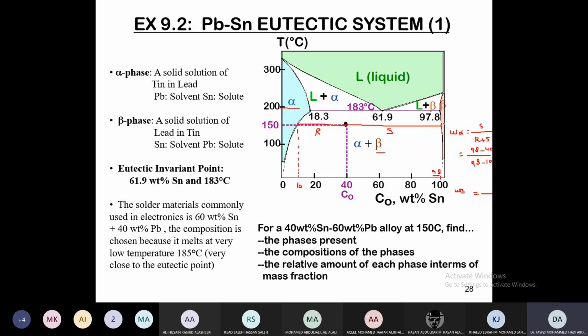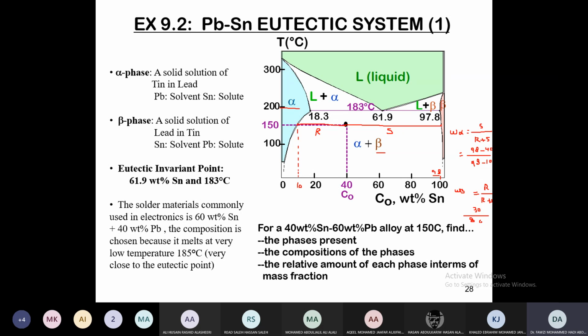Now you want the far segment of the tie line, so it will be R divided by R plus S. R is equal to 40 minus 10, which is 30, divided by that total from here to there, which we already found, 98 minus 10, which is 88.